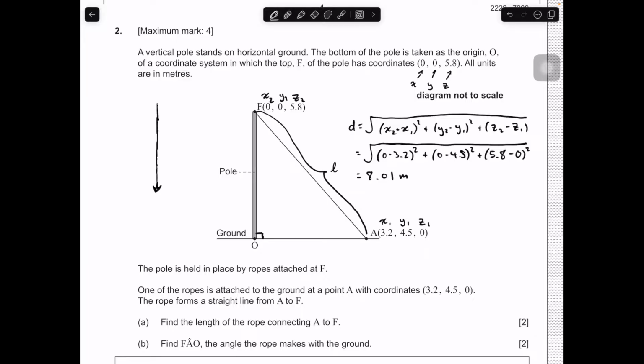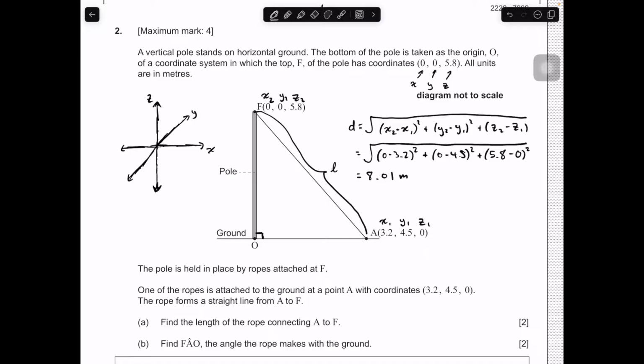But our 3-dimensional coordinate grid, if this is our z, so our height, we also have an x dimension, or we can call this y. Then we have this dimension right here. So we're dealing with 3 dimensions on this question essentially. And this would be y.